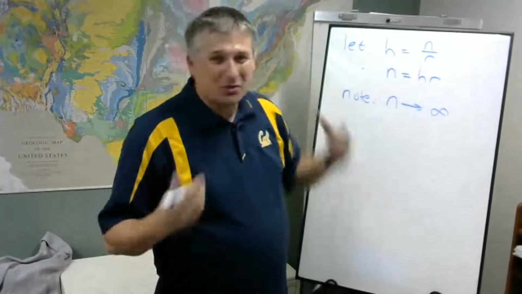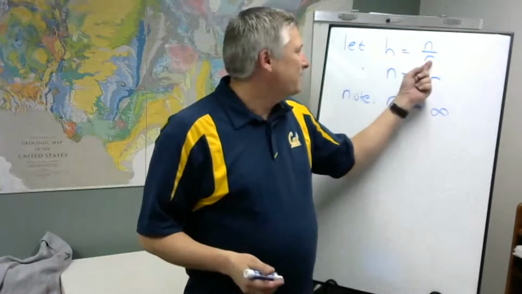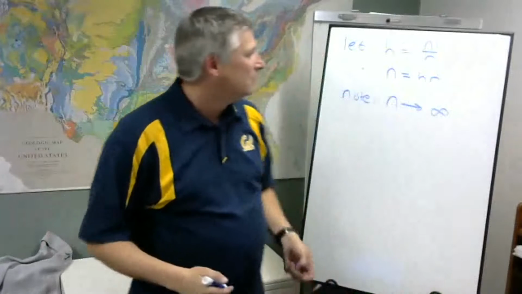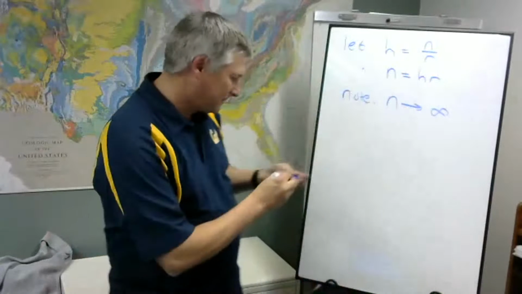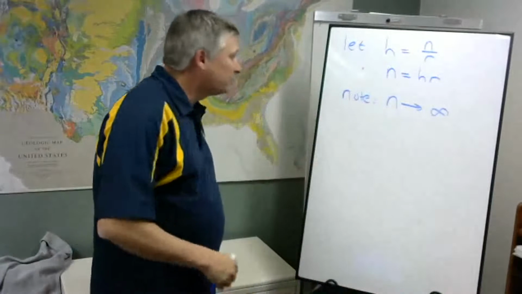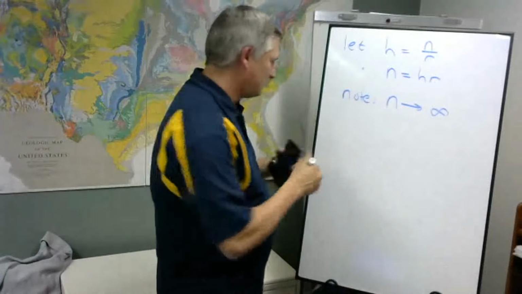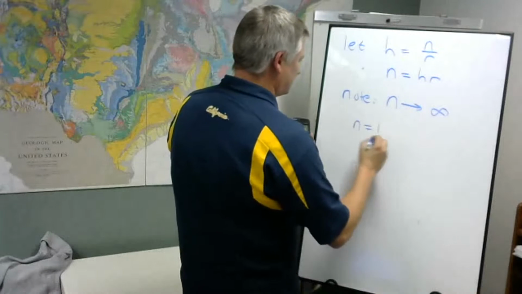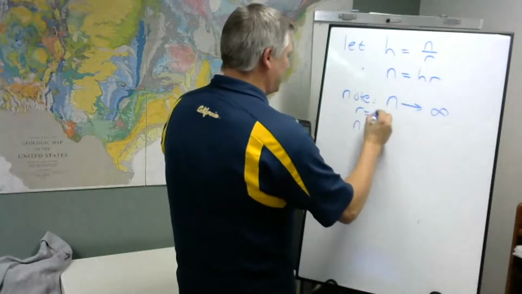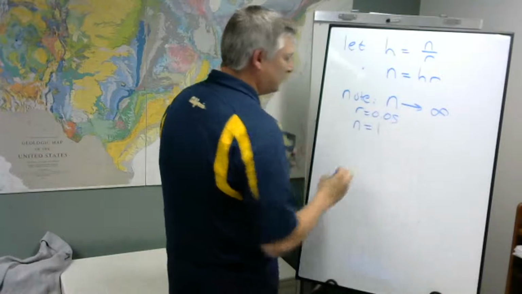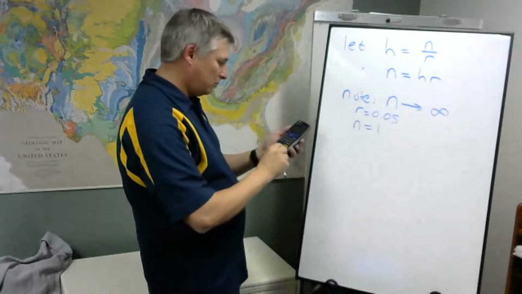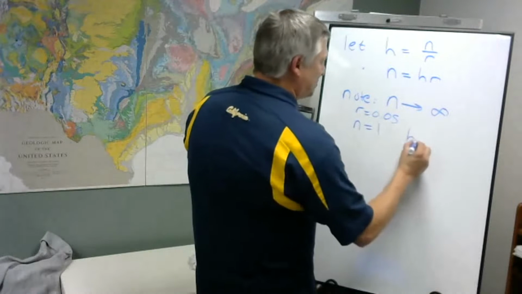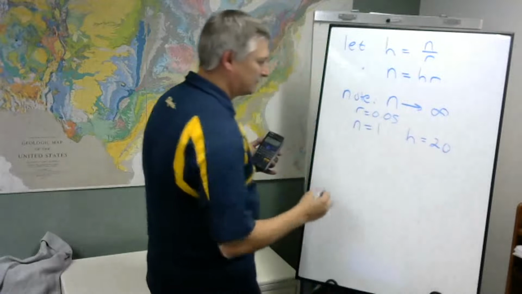But as n gets monstrously big, dividing by 0.05 just makes things even bigger. So we'll let r be 0.05. If n is 1, well, 1 divided by 0.05, this means h is 20.